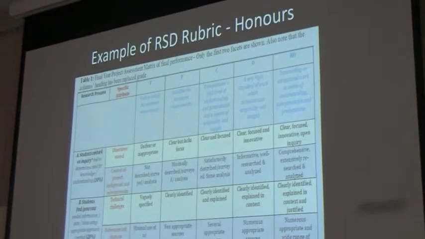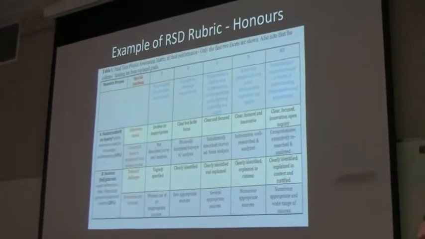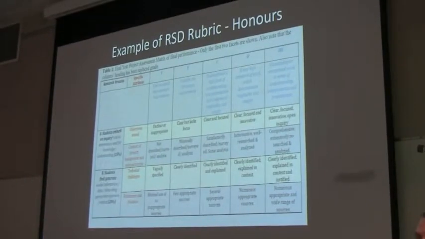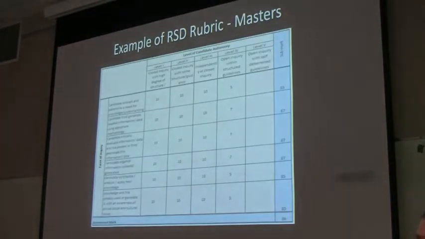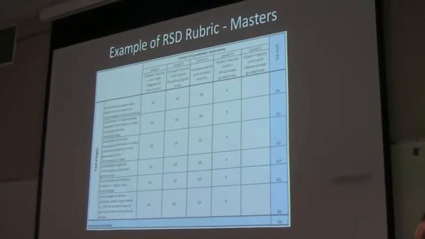Looking at an example of how we used RSD for honors assessment, one of the unique things we did was link the mark descriptors to autonomy. As Kathy was just showing, at the top the horizontal axis was autonomy, and here we linked autonomy to the mark descriptors: pass, credit, and so forth.